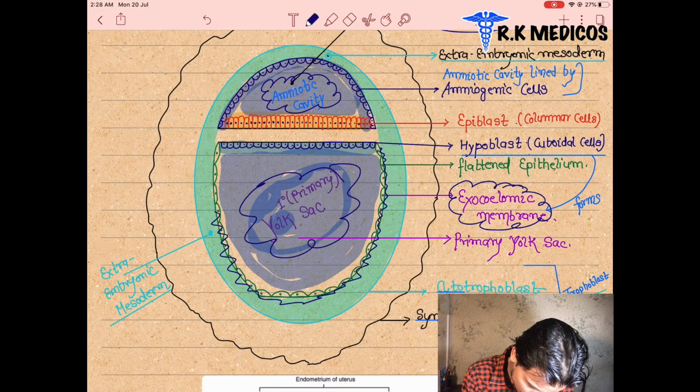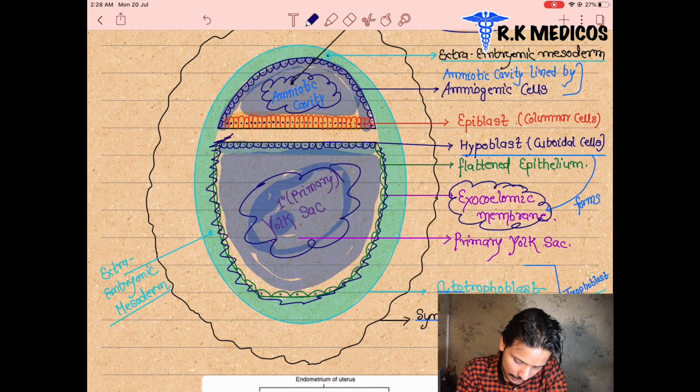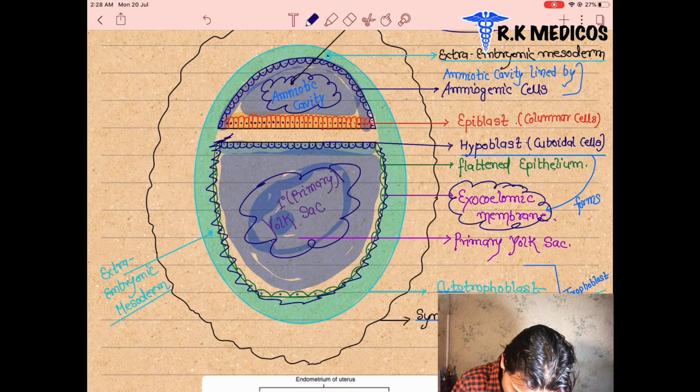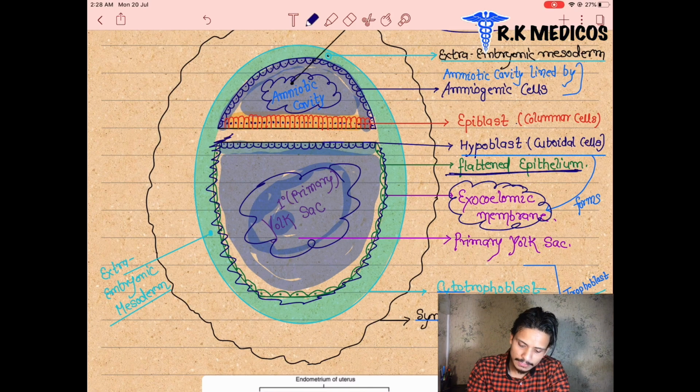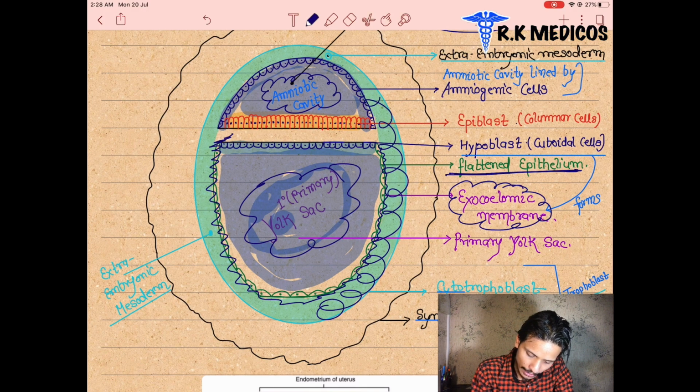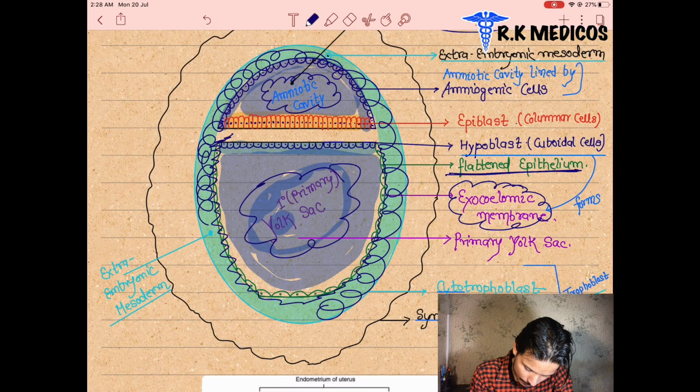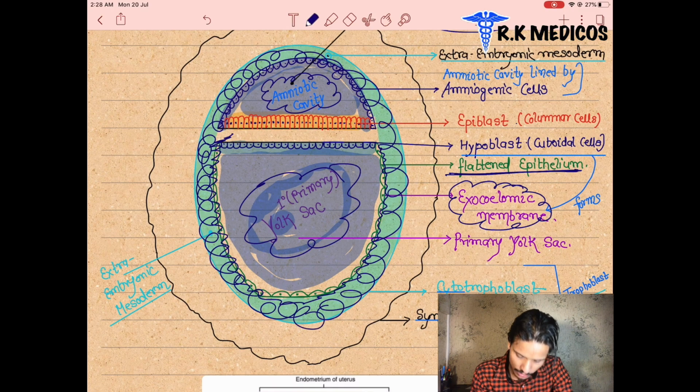This exocoelomic membrane has flattened cells, and these flattened epithelial cells are lining the exocoelomic membrane. And what is this green color region? This green color region is the extra embryonic mesoderm.